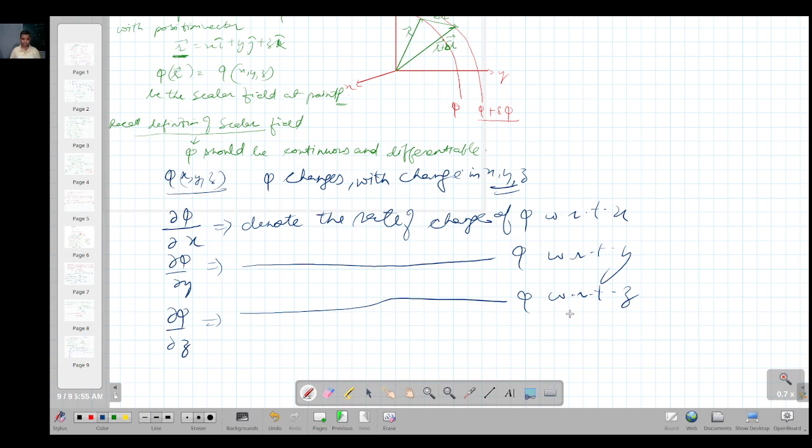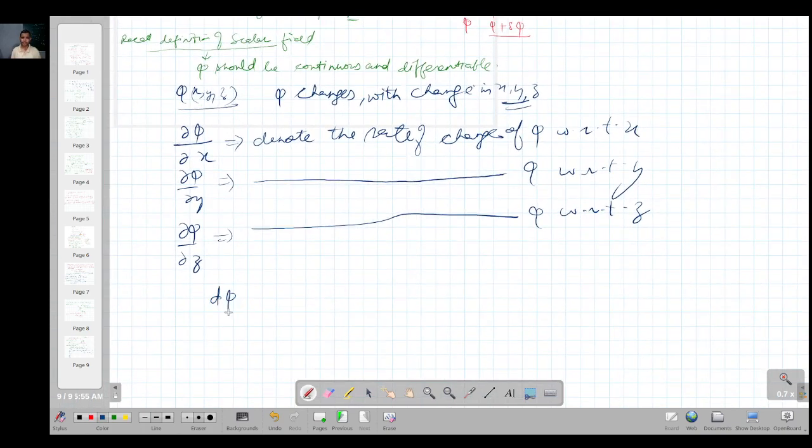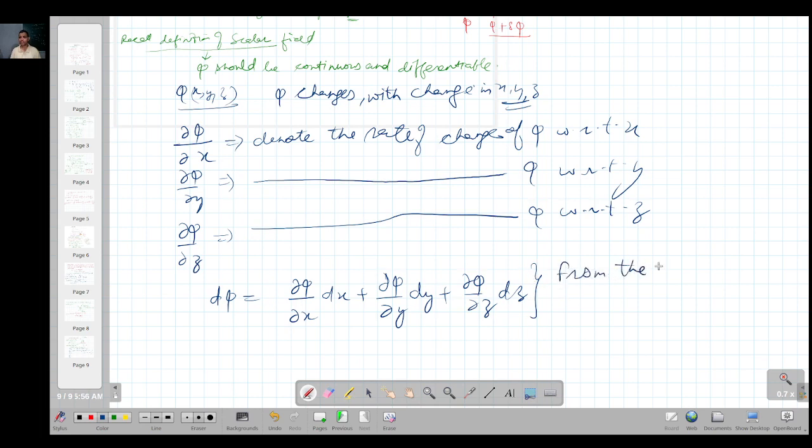Since phi is differentiable, that means d phi exists, and it can be written as ∂phi/∂x into dx plus ∂phi/∂y dy plus ∂phi/∂z dz. And this I have written from the definition of differential.